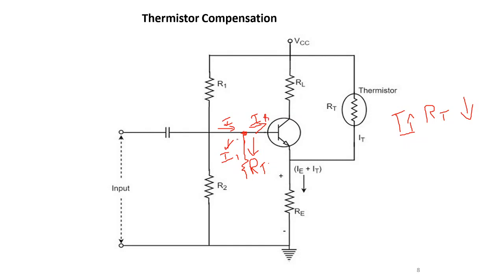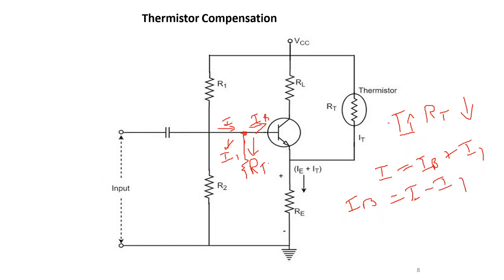So what I can do over here is say that current entering equals current leaving, nothing but I will be equal to IB plus I1. So IB will be equal to I minus I1.